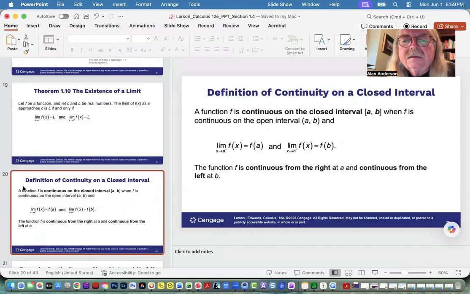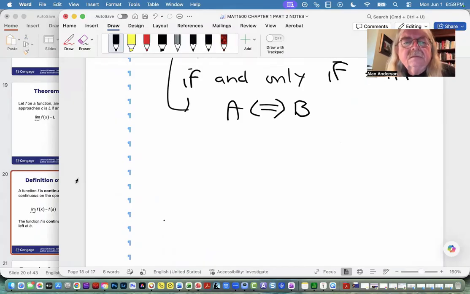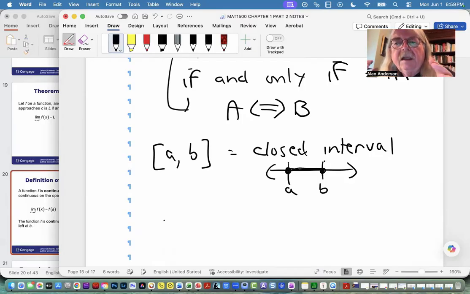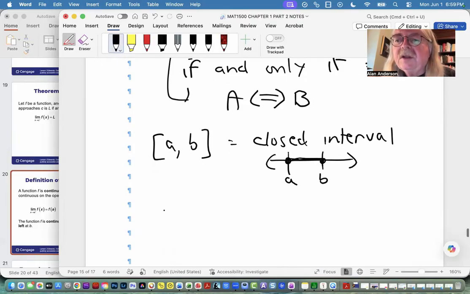Then, again, you notice how they're making a distinction here between closed and open intervals. So let's make sure we remember how this is defined. Closed means that we're including everything in there and the endpoints as well, everything in between plus the two endpoints.